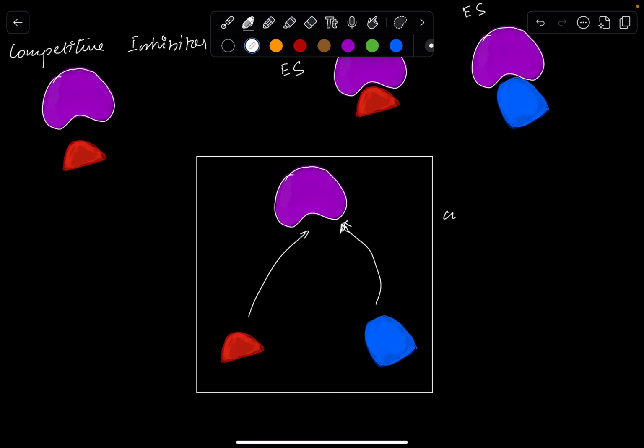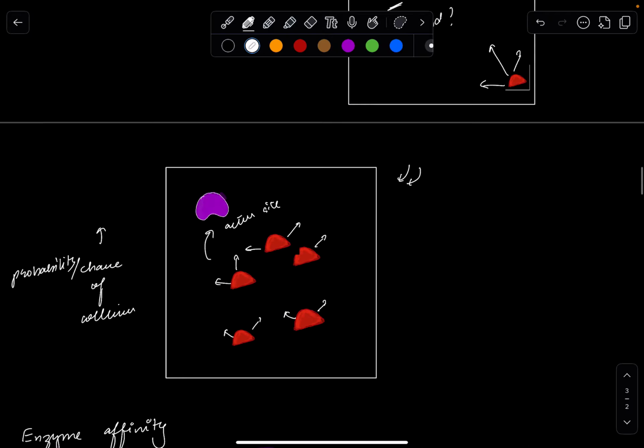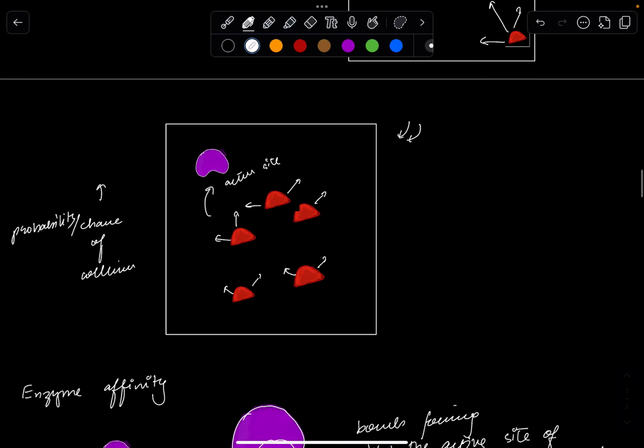Right? Collision theory. Now, go back to what I said earlier: if I want to increase the probability of enzyme substrate complex forming, what do I have to do to my box? I have to add more substrate.